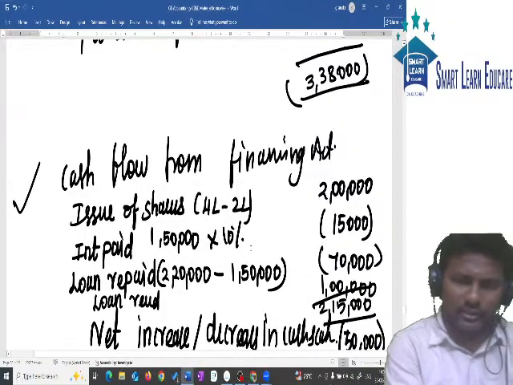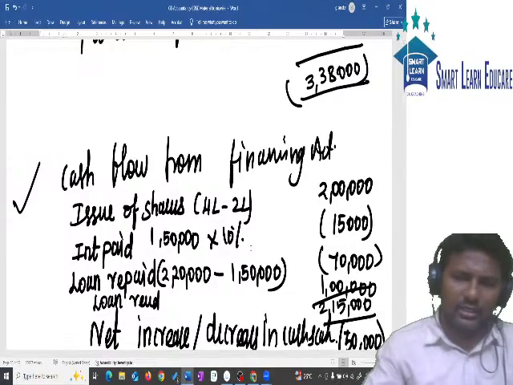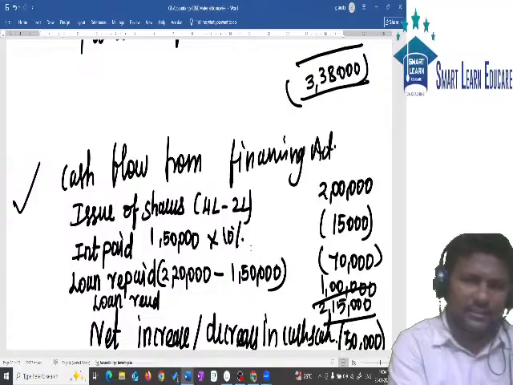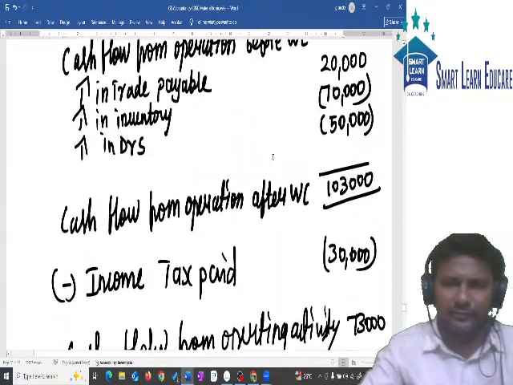Okay now, I'll complete this question. So netta we have 3 lakh 38,000 outflow plus 2 lakh 15,000 will give you final answer. 338 minus outflow 338 outflow. 215 positive minus 338 will give you 1 lakh 23.